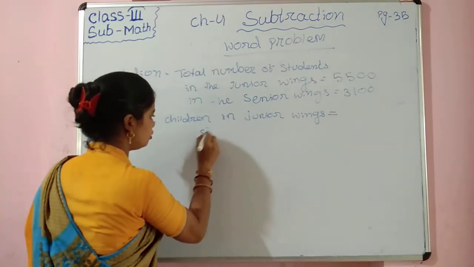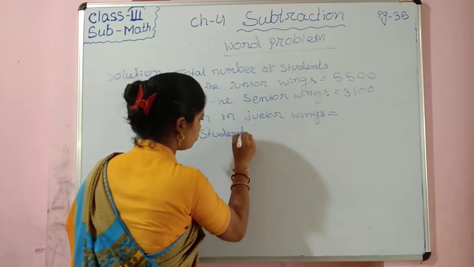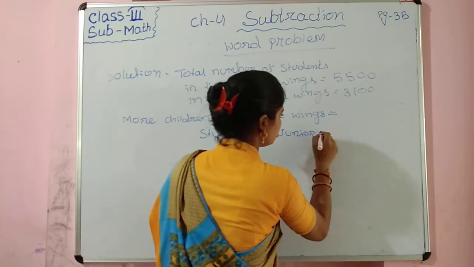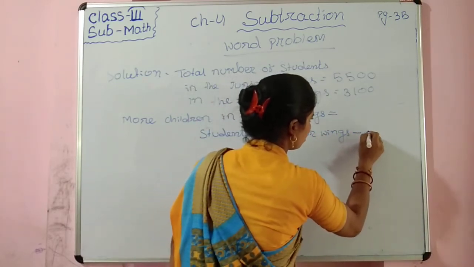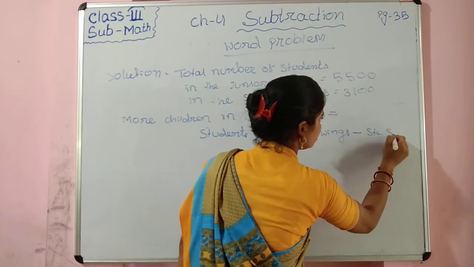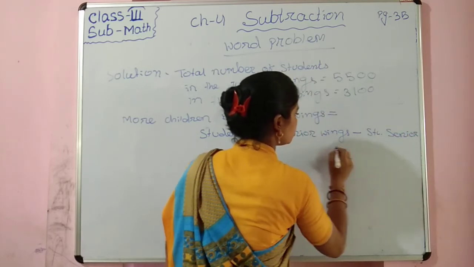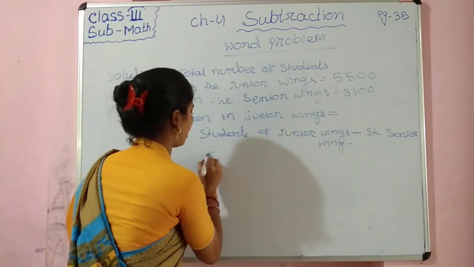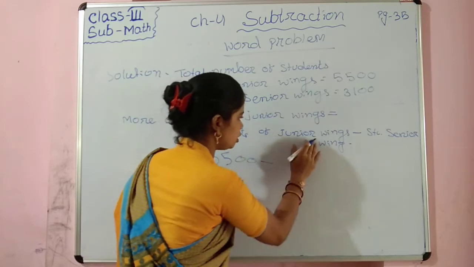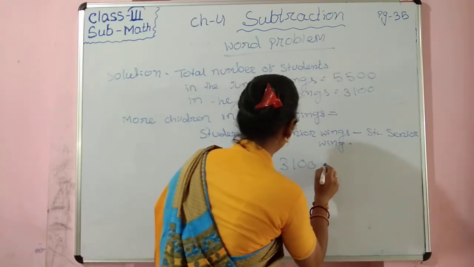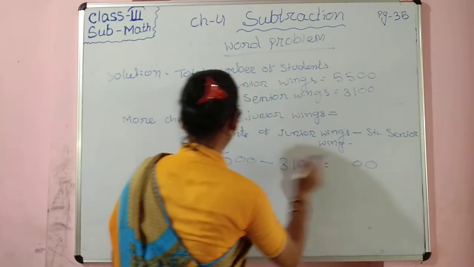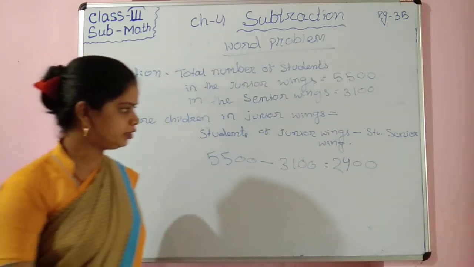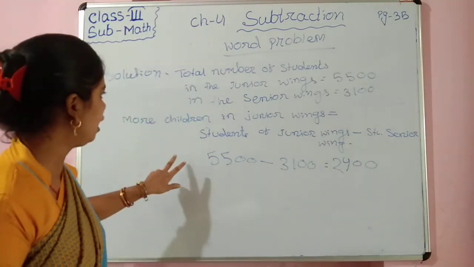Students of the junior wing 5,500 minus senior wing 3,100. 0, 0, 5 minus 1 is 4, 2. 2,400. Yes, it is our answer.